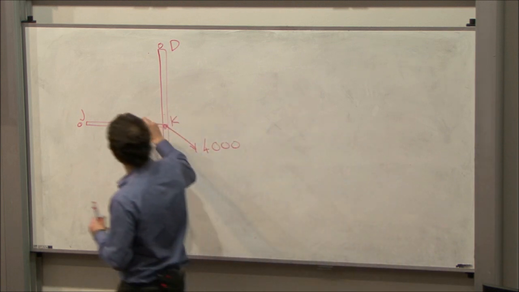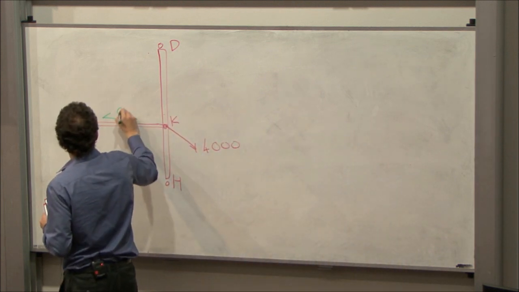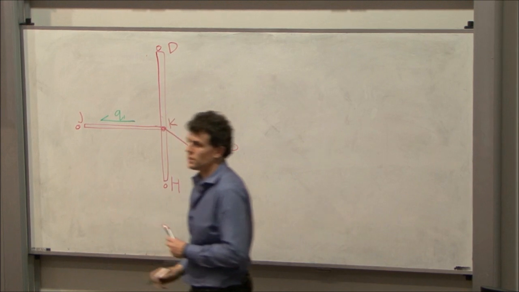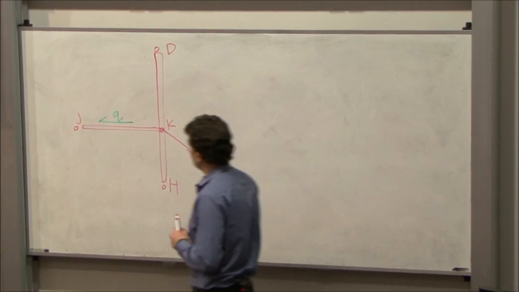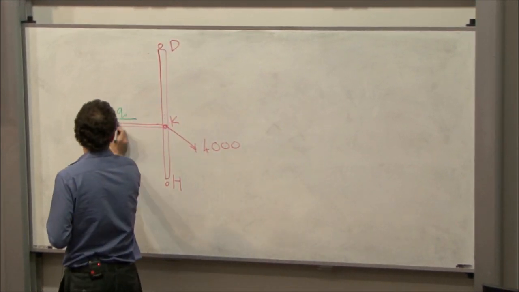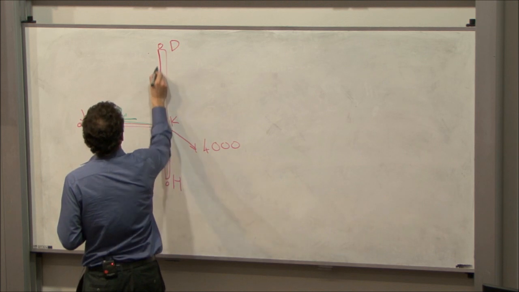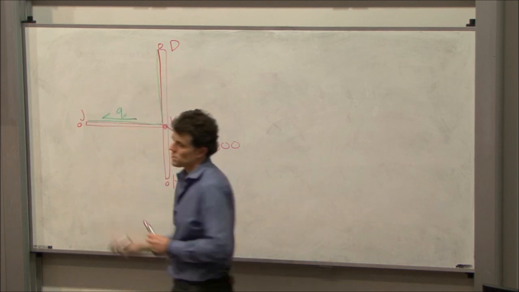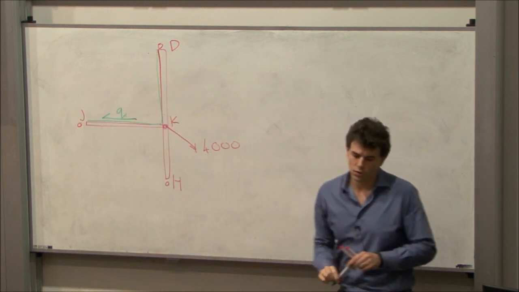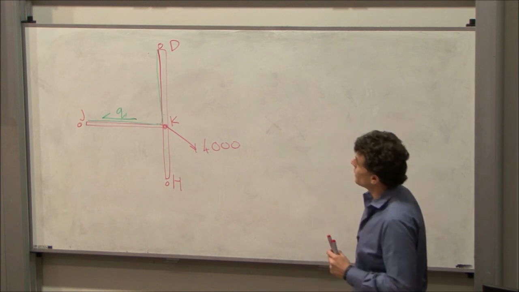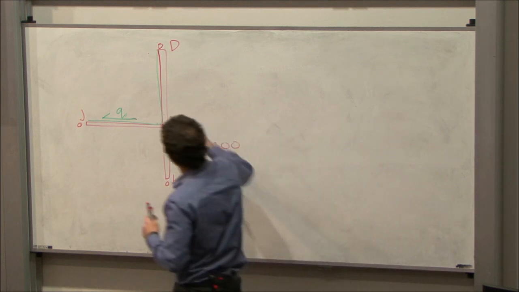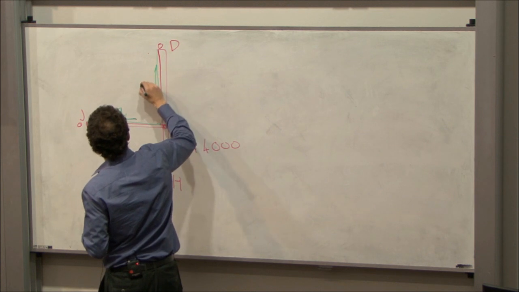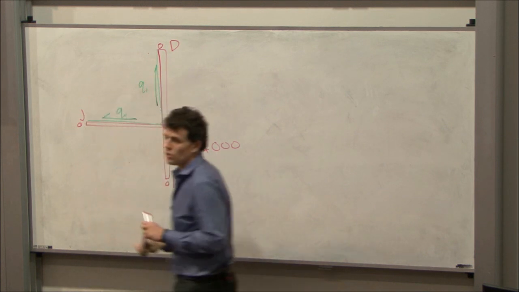So we have Q1 acting on that wall. Imagine we just cut out the majority of the panel and just left the slightest little bit of panel around the outside. We've got Q1 acting on that wall. We've got Q1 acting on that wall.